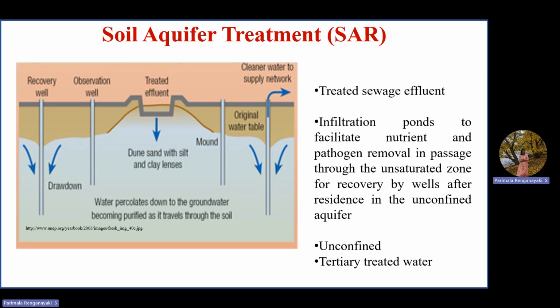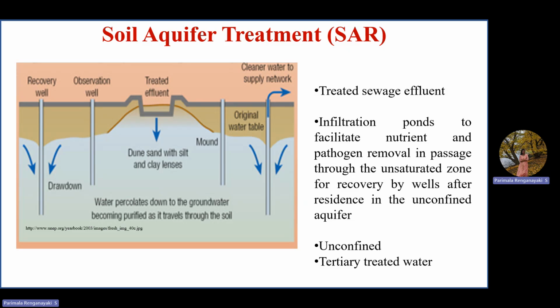Even grey water is used through this method for recharge as well as natural treatment. In the infiltration pond, nutrient and pathogen removal is facilitated in passage through the unsaturated zone, for recovery by wells after residence in an unconfined aquifer.